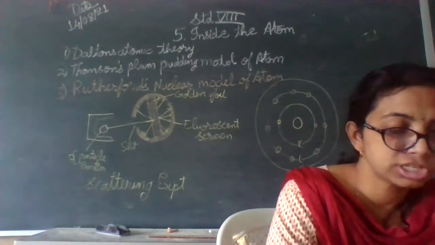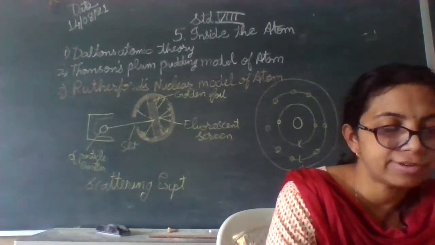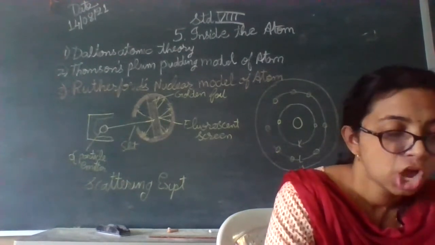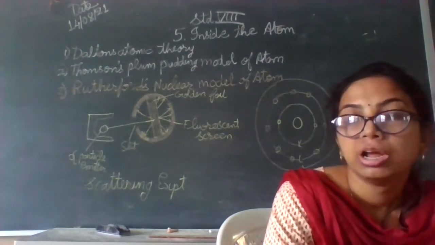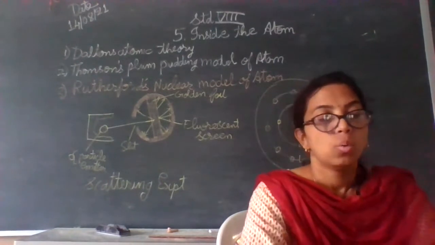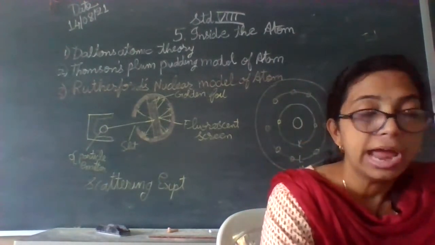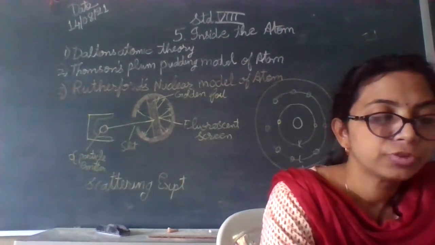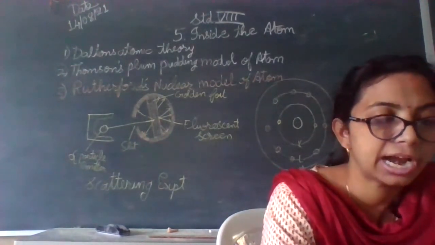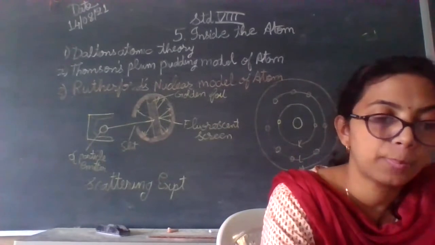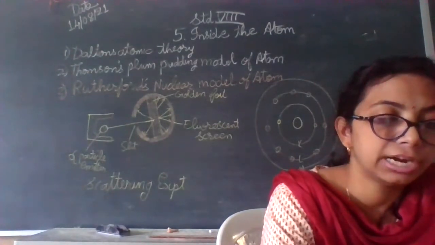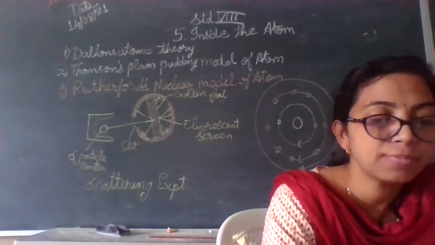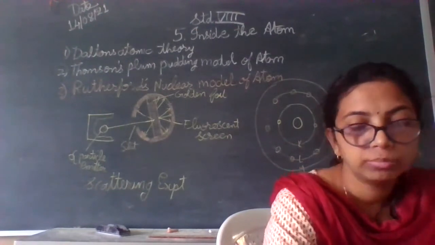Some well-accepted fundamental principles of atomic structure that he gave were as follows. The atomic structure is formed from the nucleus and the extra nuclear part. These contain 3 types of subatomic particles.